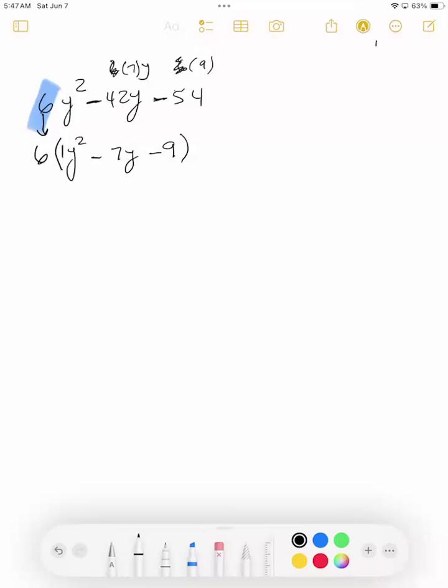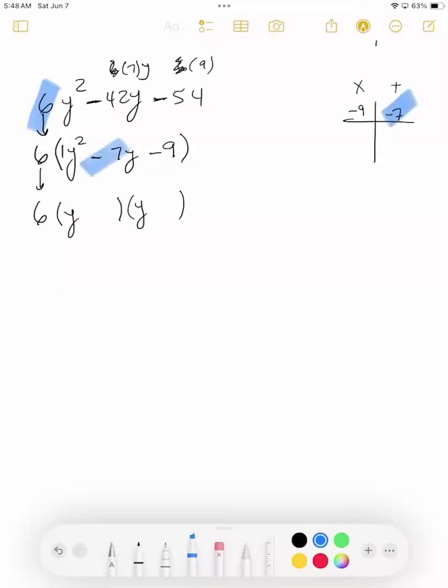This has a 1 coefficient, and the way we factor it, carry the 6, open up your two parentheses, put y and y inside each parentheses, and again say, I want to multiply two numbers to get -9, and when I add them, I want to get -7.